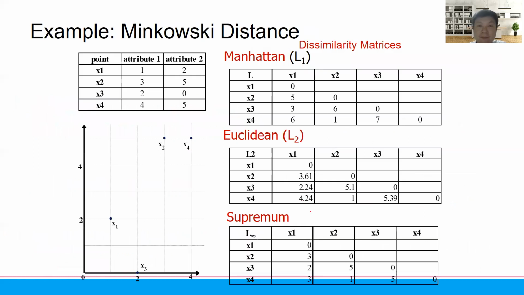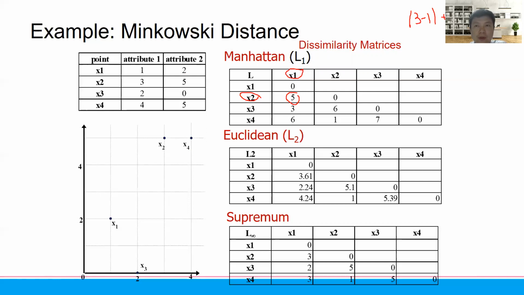Now let's see. If you want to measure the Manhattan distance, I have x1 and x2, and how can we get 5? If you refer to the formula, this one is 3 minus 1, then you put the absolute, plus 2 minus 5.